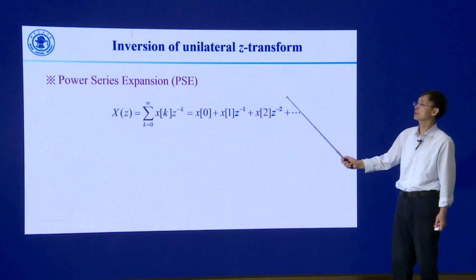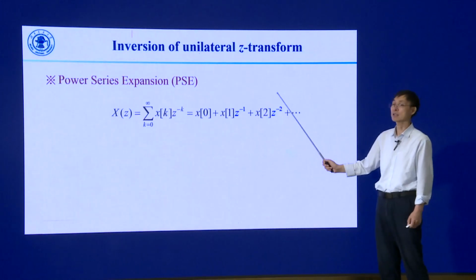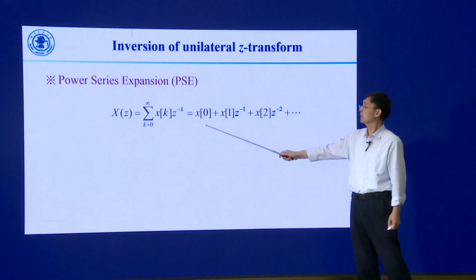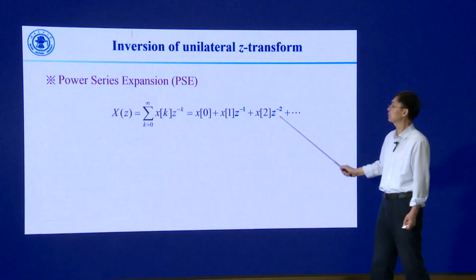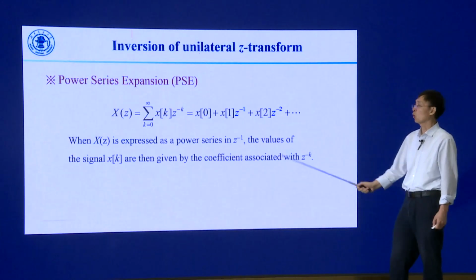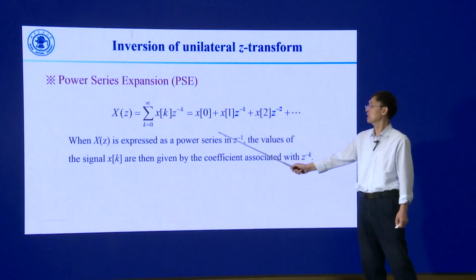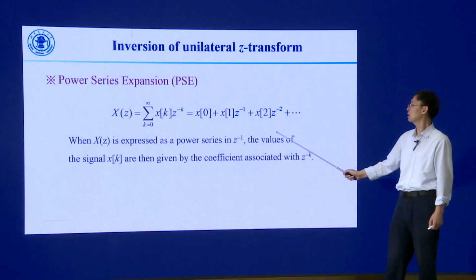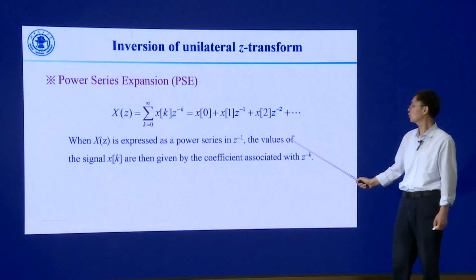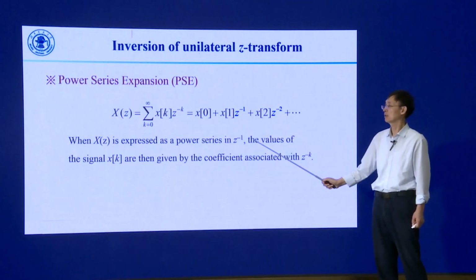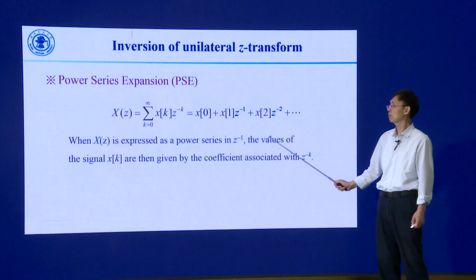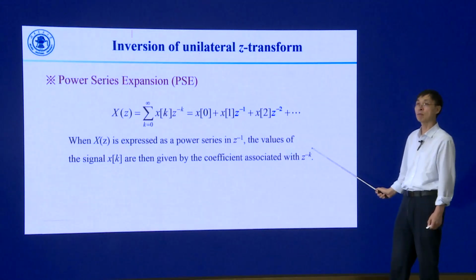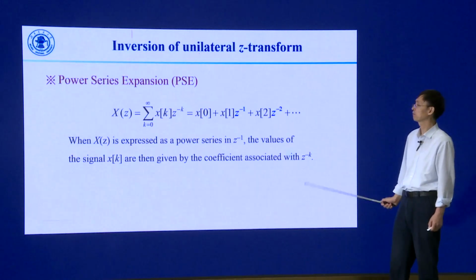First, we will discuss the power series expansion. X of z can be expressed in this equation. When X of z is expressed as a power series in z to the power minus 1, the values of the signal are given by the coefficient associated with z to the minus k.